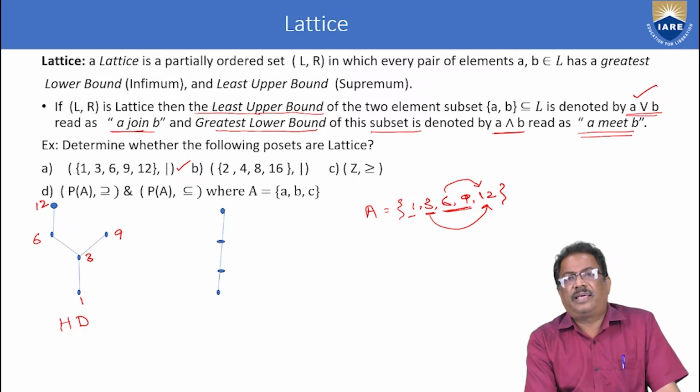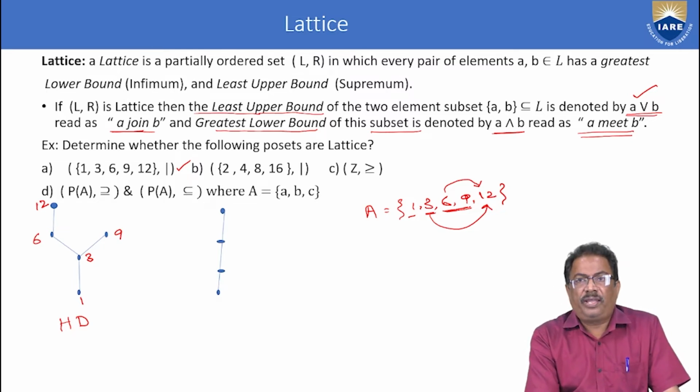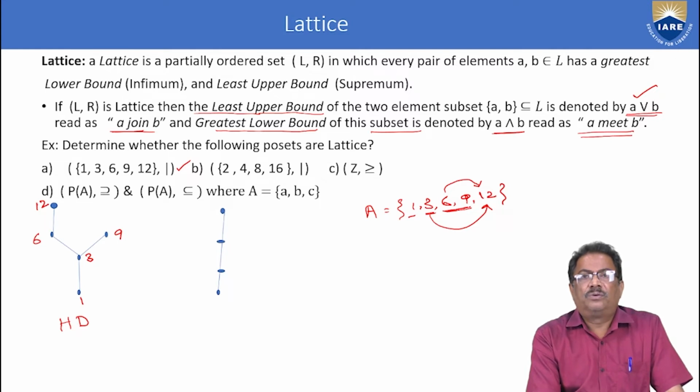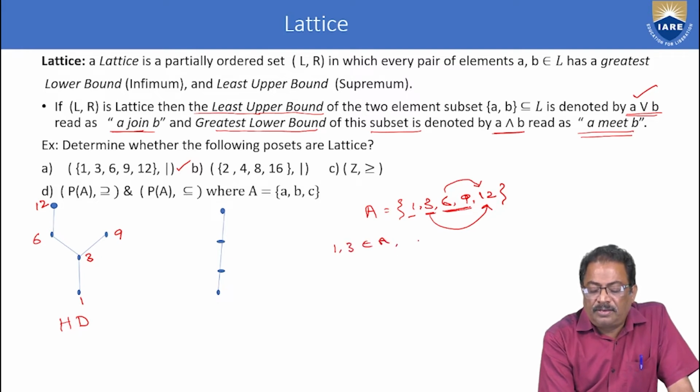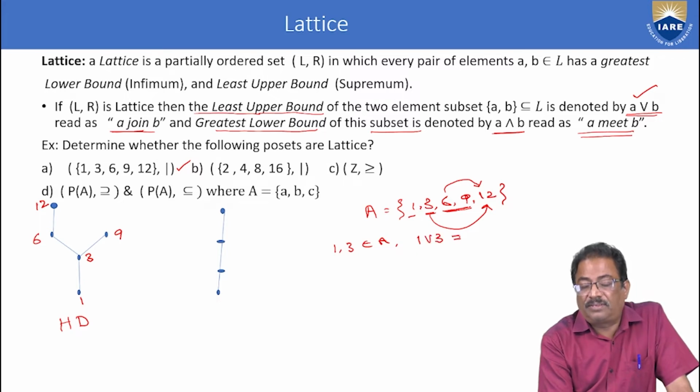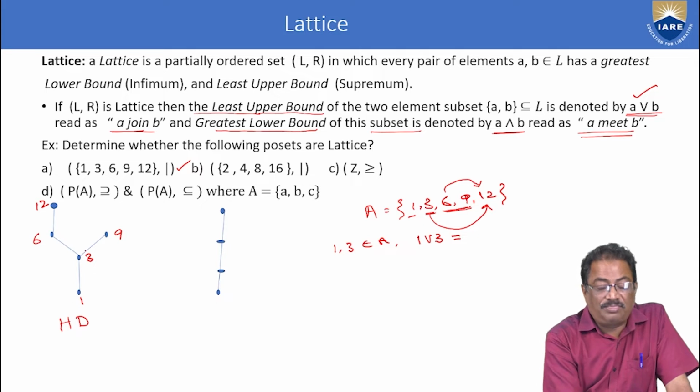Now, from this Hasse diagram, we are going to verify whether it is a lattice or not. We have to consider any pair, that is, any two-element subset. I am going to consider 1, 3, which belongs to A. What is the least upper bound of 1, 3?